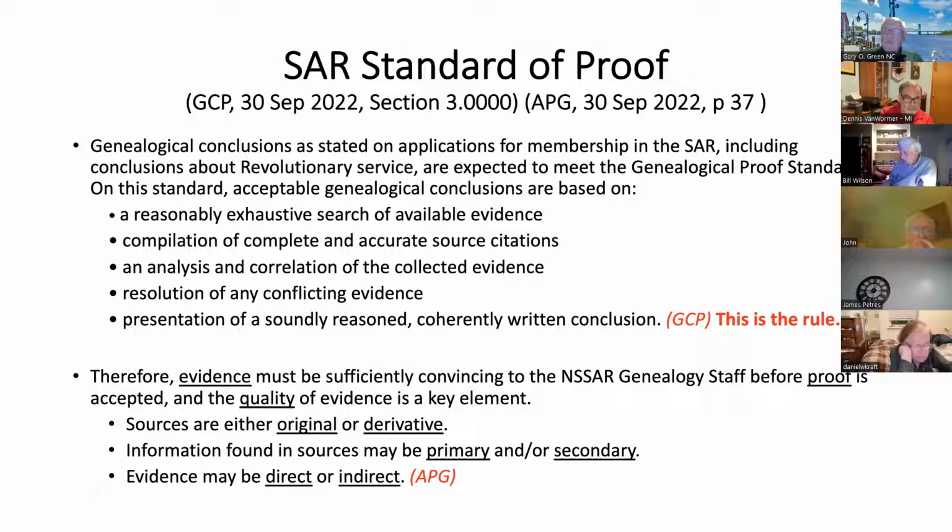So those are the 5 points we've talked about. That first bullet is straight out of the Genealogy Committee policies. This is the actual rule.